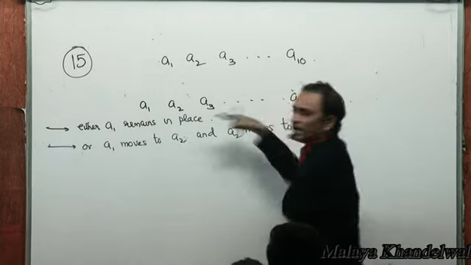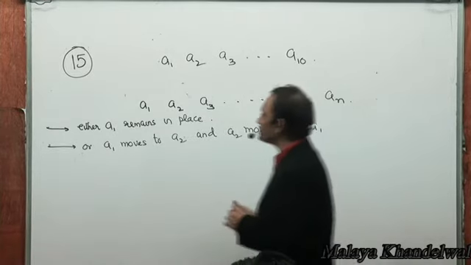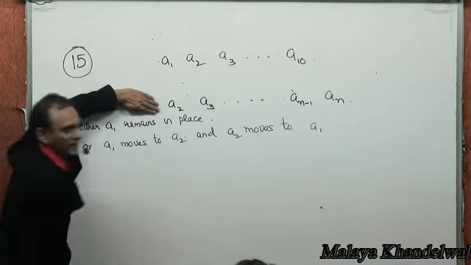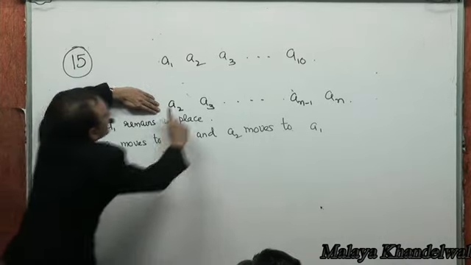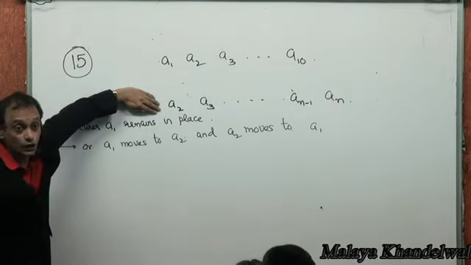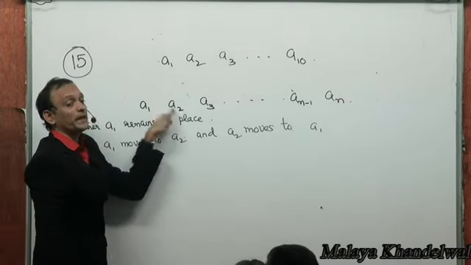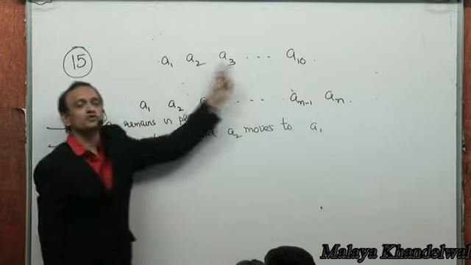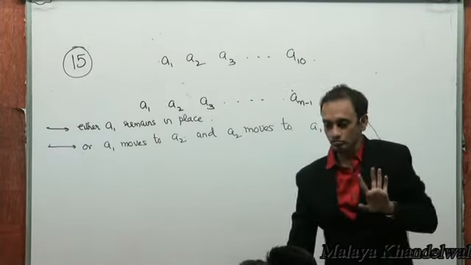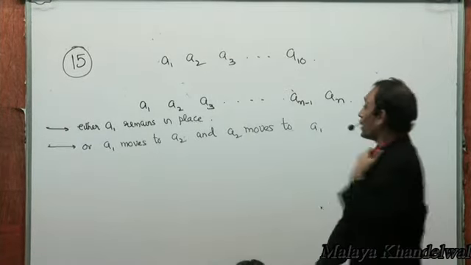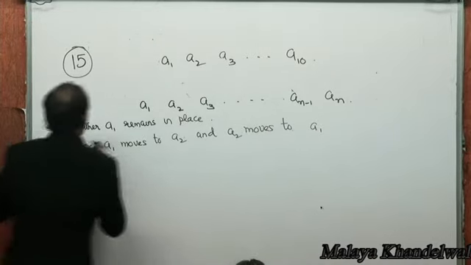In any rearrangement of this, either A1 is in place and the rest are moved commensurate with the original condition, or A1 moves to A2 and A2 moves to A1, and the rest could be arranged in any number of ways. Yes or no?